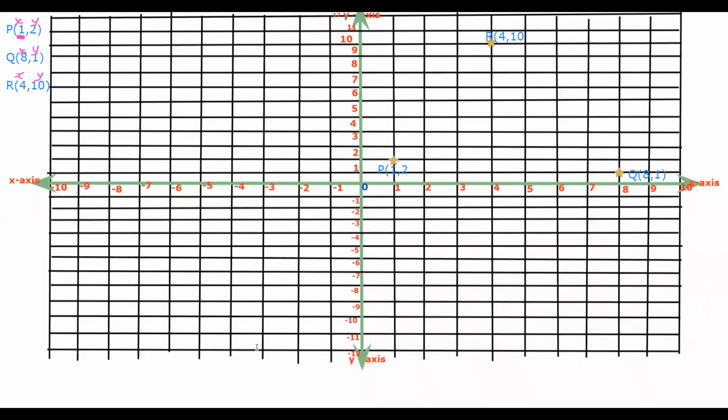So if I join these 2 points together, okay, we have this point here, and then this point here together, and then the point R and Q together to form the shape here. Okay, this is a triangle. Okay, good.